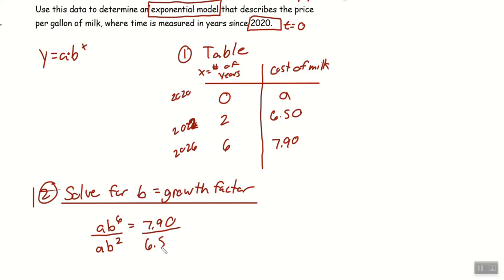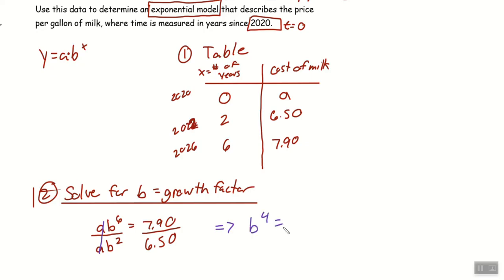So $6.50 right there. On this side of the equation, I got 2 A's. I can cancel those guys out. What am I left with on the left side of my equation? Yeah, b to the fourth.